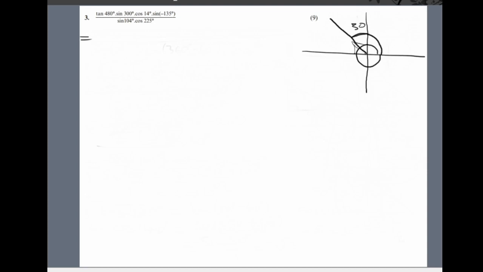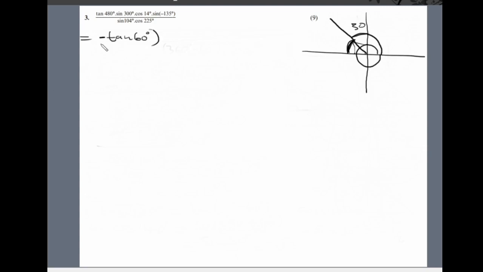So if we do 90 minus 30, we find that it's 60 degrees. So tan 480 is the same as saying minus tan 60 degrees. If you use the calculator, tan 480 is equal to minus root 3, and minus tan 60 is minus root 3 also. So this is true.